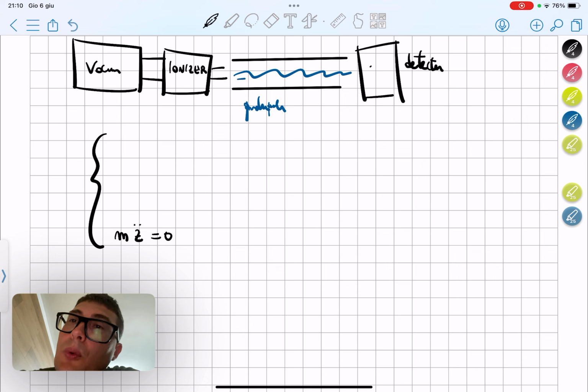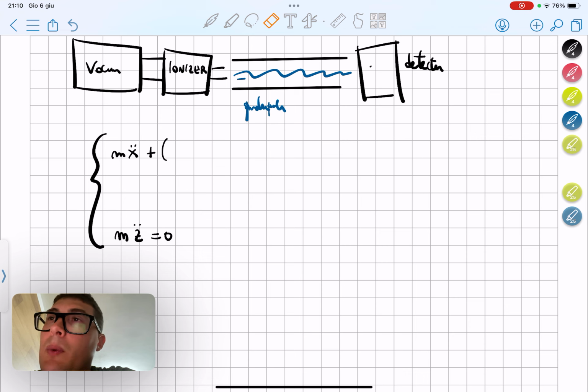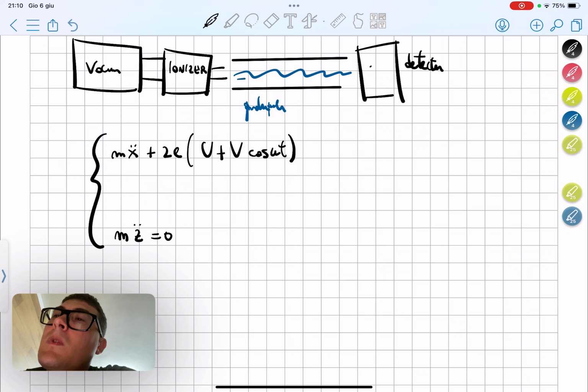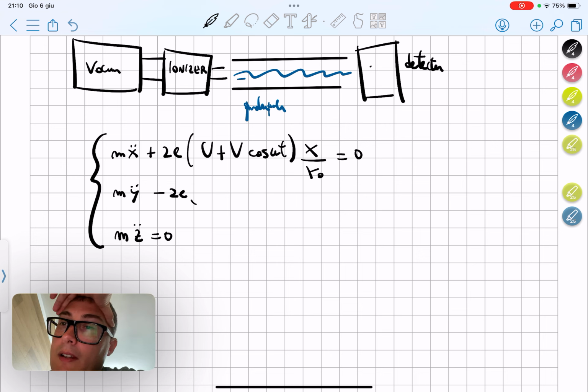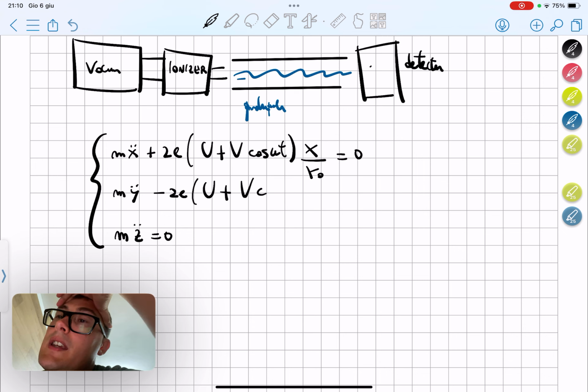Let's say if we do m x double dot plus, again we need to specify, 2e (U plus V cos omega t) x over r naught is equal to 0, and m y double dot minus, because we said that it has a different sign, 2e (U plus V cos omega t) y divided by r naught is equal to 0.